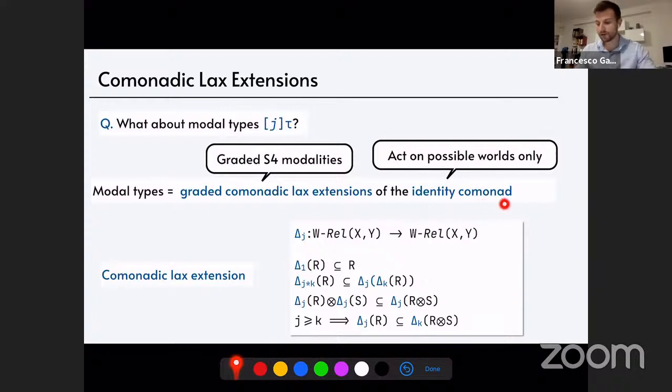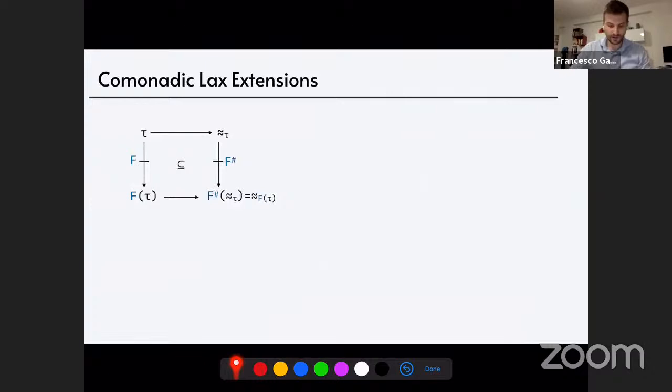And the fact that we consider not just any comonad, but the identity comonad, reflects our intuition that modal types act on possible worlds only. So they do not modify programs. So the construction here is just identity. They just modify relations. They just modify the way in which the observer tries to equate those programs.